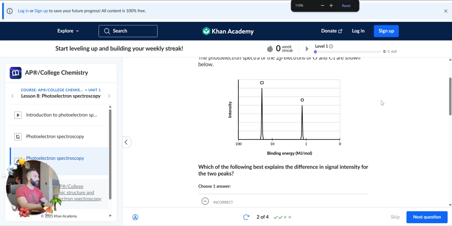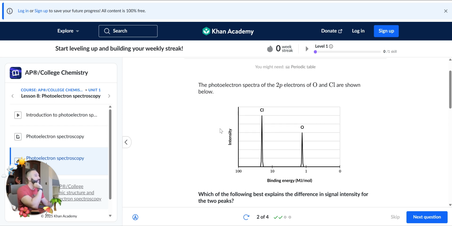Now, let me show you another interesting one. And again, you'll have questions about this. Here we have: which of the following best explains the difference in signal intensity for the 2 peaks in the photoelectron spectra of 2p electrons of oxygen and chlorine? So here they give us just 2p.